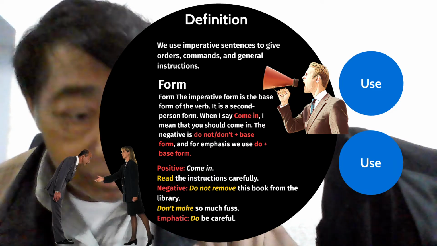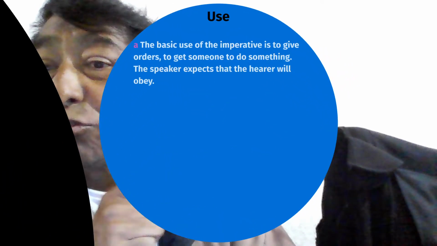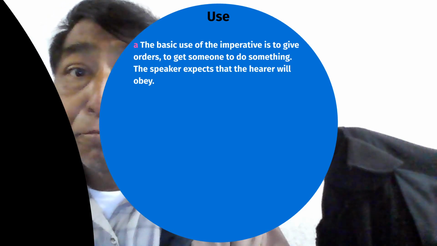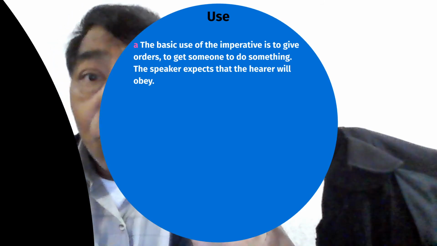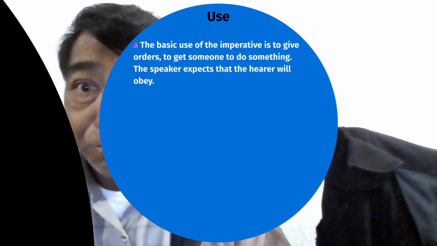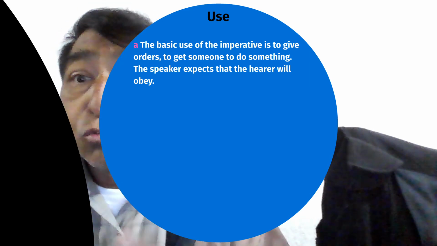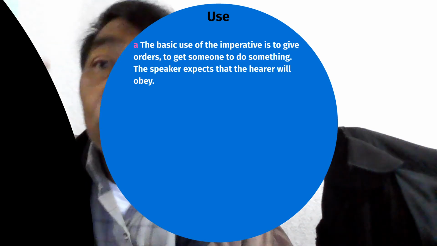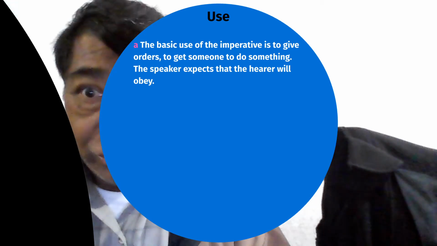Now we are going to analyze the use of imperatives. The basic use of an imperative is to give orders, to get someone to do something for you. To get someone to do something for you is that you make the person do something, instead of doing it yourself.